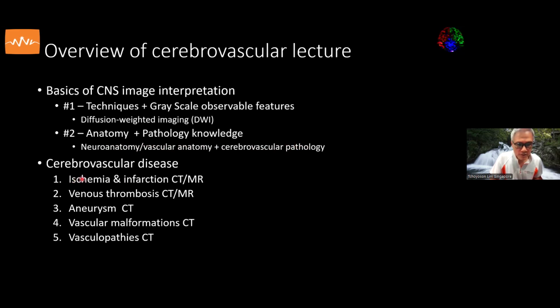We'll talk through ischemia, venous thrombosis. We will skip over aneurysms, and then we will talk about vascular malformations. The reason why this will be fairly abbreviated is because many of the diseases that we will deal with in the large category of cerebrovascular diseases is better assessed with CT, especially aneurysms and subarachnoid hemorrhage.